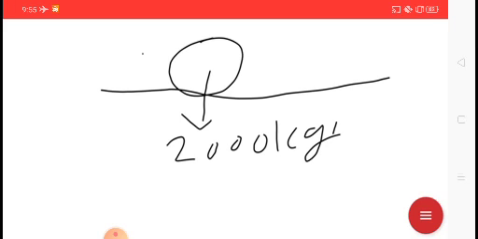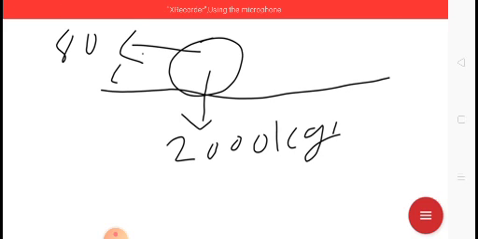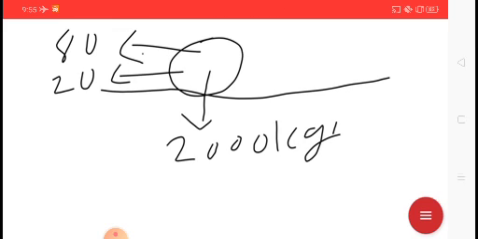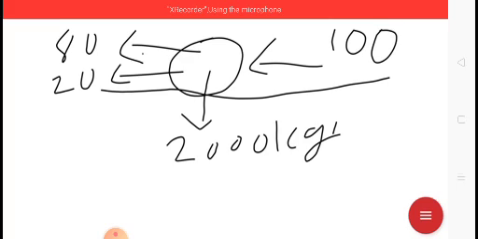Alright, and you have a resistance of 80, and you have 20, and don't forget you have a braking force of 100. So you can apply the net force equation for the total system.